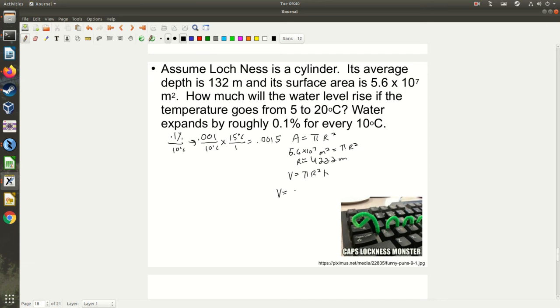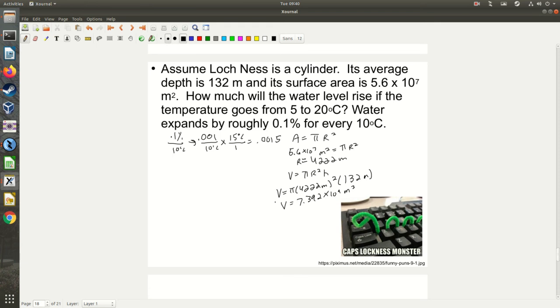So let's do that. So that's pi times 4222 meters squared times 132 meters, and I get a volume of 7.392 times 10 to the 9th cubic meters.